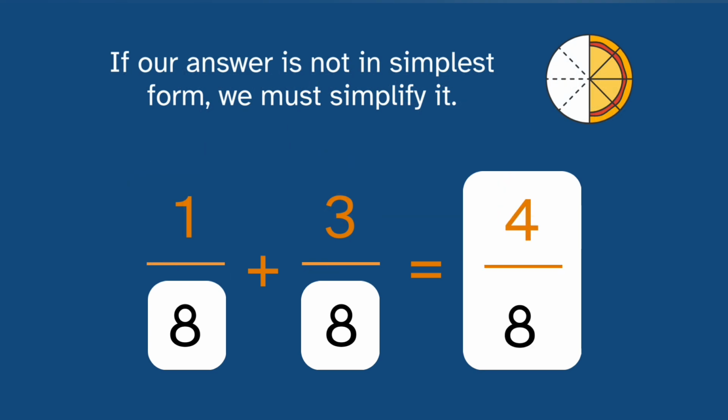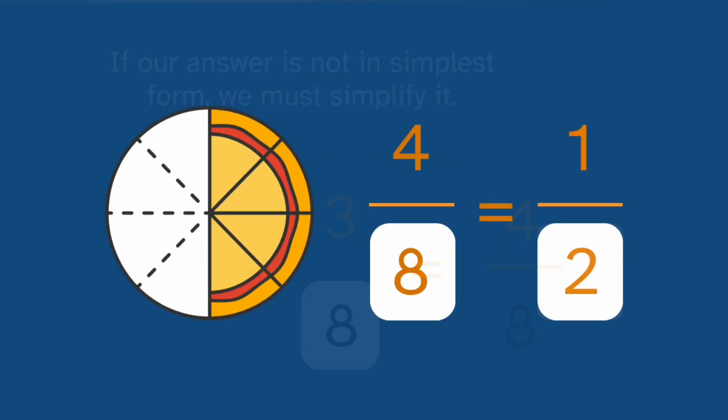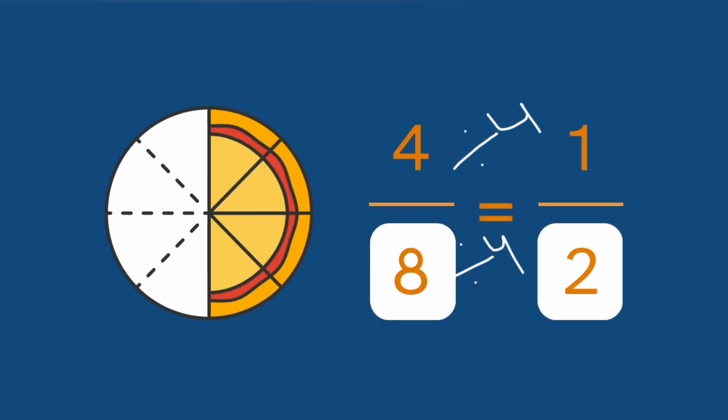As we can see here, if our answer is not in simplest form, we must simplify it. Here 1 by 8 plus 3 by 8 is equal to 4 by 8. It is divisible further, right? Because both 4 and 8 come in the table of 4. It can be divided by 4, so we can make this simplest.